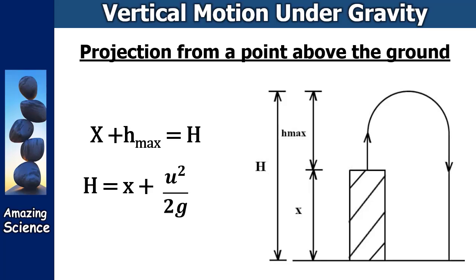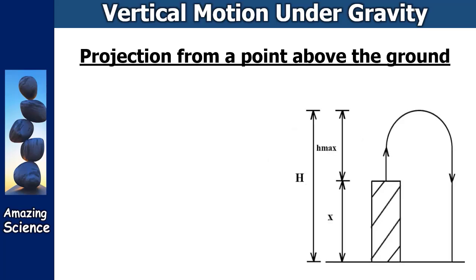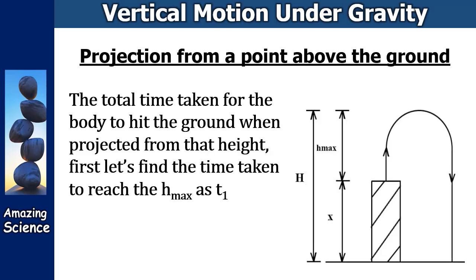So in the question, you may be given the value for the x, and you can use it to do your computations. What about the time taken for the body to hit the ground? To find the time taken for the body to hit the ground from that height or point, we first find the time taken to reach the maximum height from that point as t1, and that is given as t1 is equal to u over g.